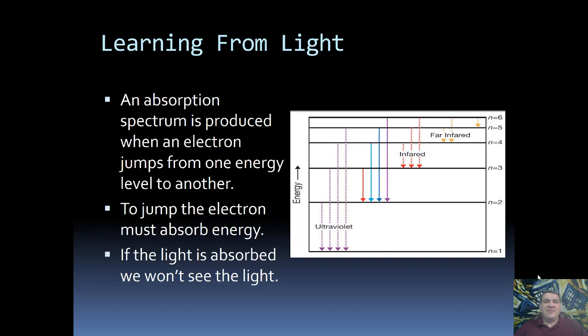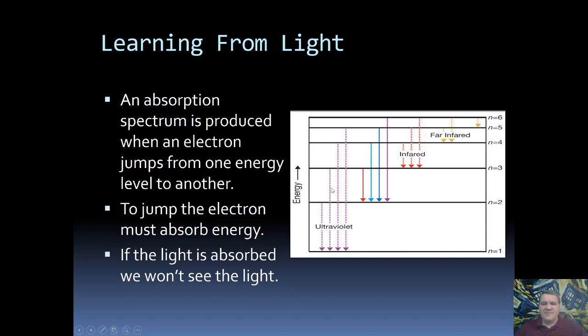Related to the emission spectrum is the absorption spectrum. The absorption spectrum is the same idea, but in reverse. Instead of having the electrons go from high to low energy, in an absorption spectrum, the electron absorbs energy, which is why it's called absorption spectrum, and transitions up.